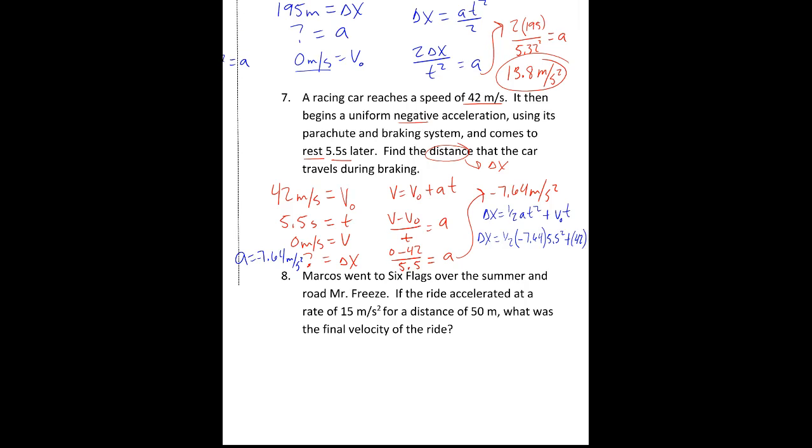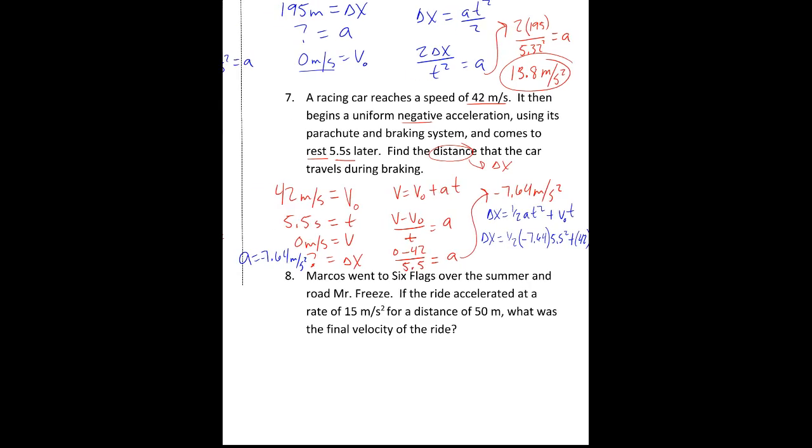I'm running out of room here, but you're going to multiply that times 5.5. So what we're going to get is a negative value here, and subtracting that from the 42 times 5.5. 42 times 5.5, I get 231.